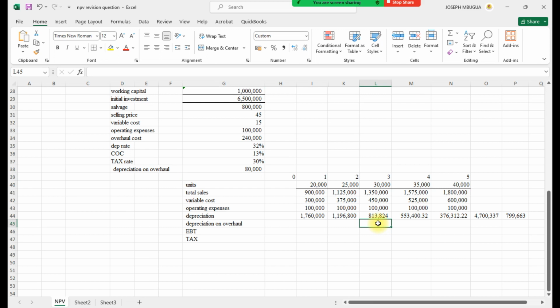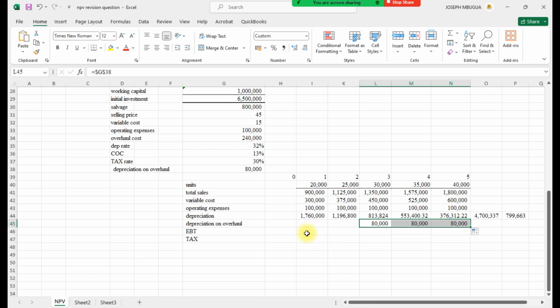This one is from year 3, so 240,000 divided by 3 years gives an overhaul amortization of 80,000 each year. So just lock that, and I'll drag that for that particular period. It's a constant of 80, and now we shall be able to get our earnings before tax.